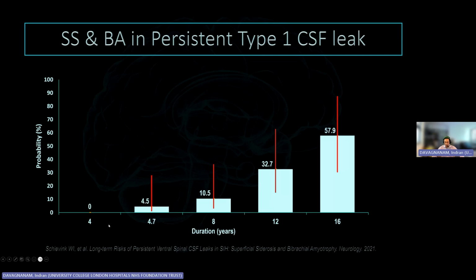So he's shown over a 20-year follow-up period that the probability of developing superficial siderosis increases over time, up to the point where at 16 years of having a type 1 leak, one may develop a 60% risk of developing superficial siderosis.